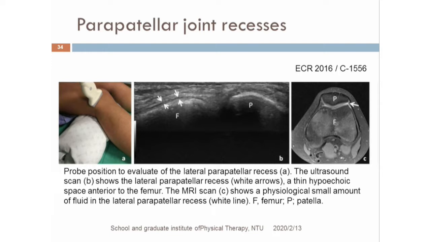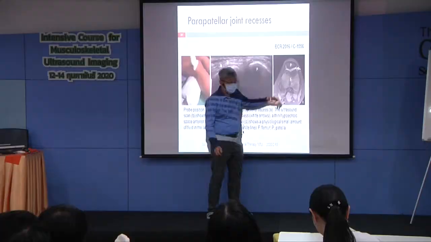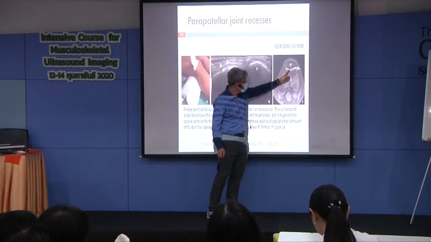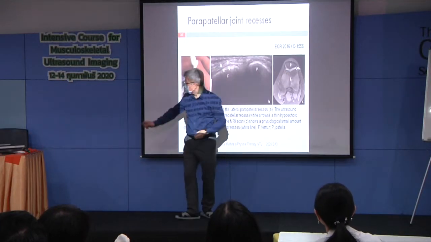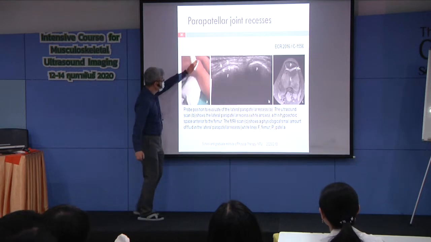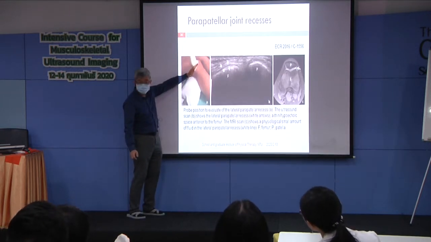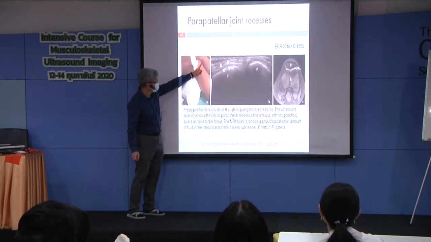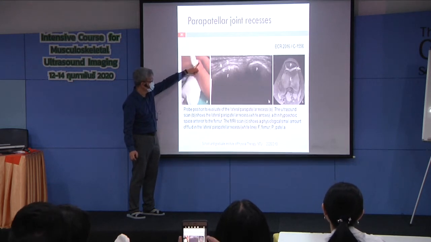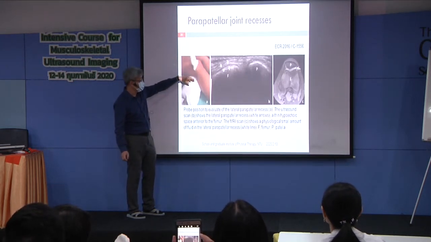Okay, recess. If there is some fluid, you may observe it from here or here. When you are looking at the suprapatellar recess, the probe is horizontal. Find the lateral border of the patella or medial border of the patella.